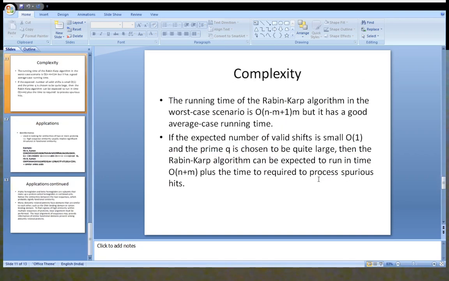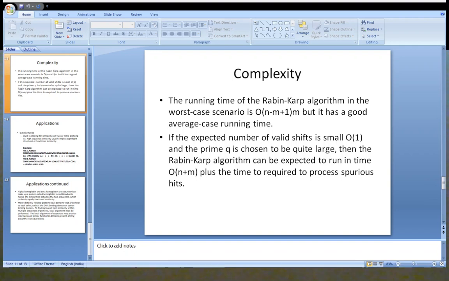Now the complexity. The running time of the Rabin-Karp algorithm in the worst case is O of n minus m plus 1 times m, because for the text there are a total of n minus m plus 1 positions, and for m we can check every possible number.